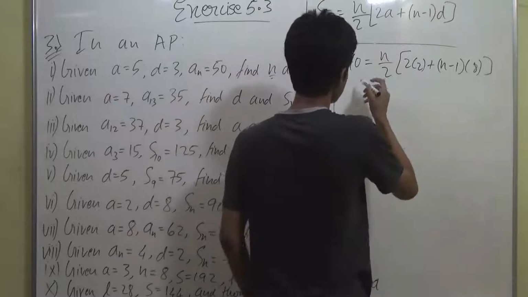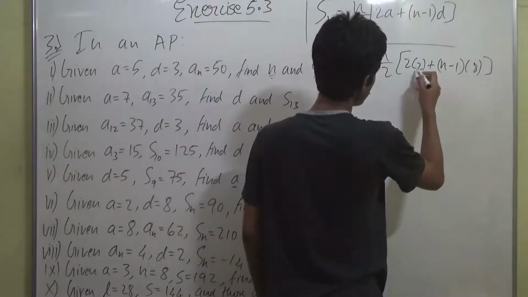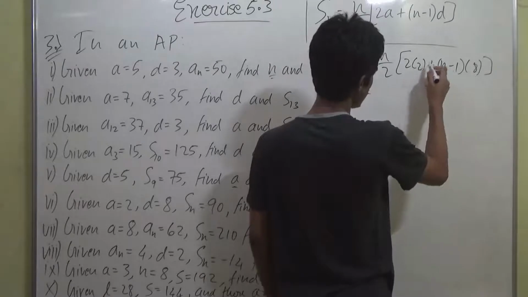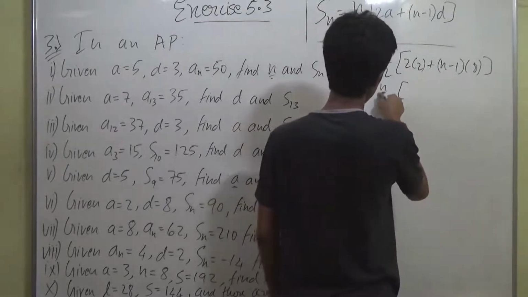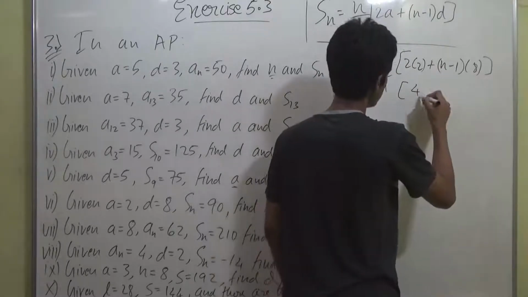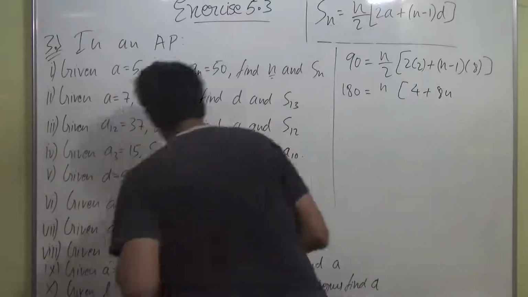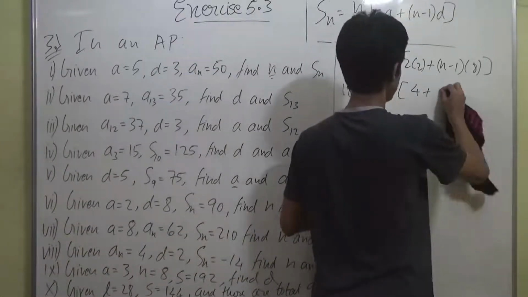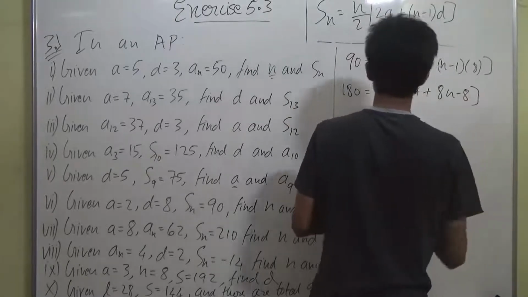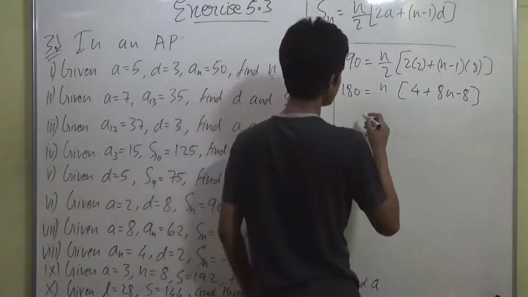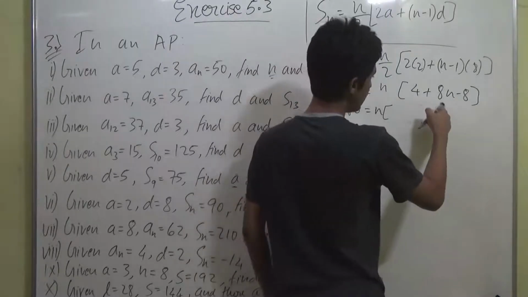So when I cross multiply, this is going to become 180 equal to n into 4 plus 8n minus 8. So now when you open this up, it's going to become 180 equal to n into 8n minus 4.